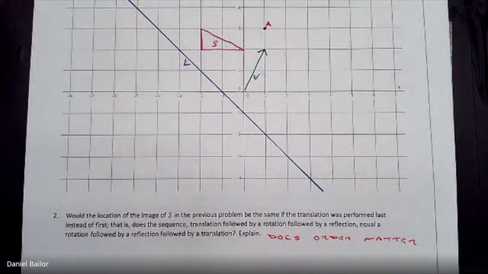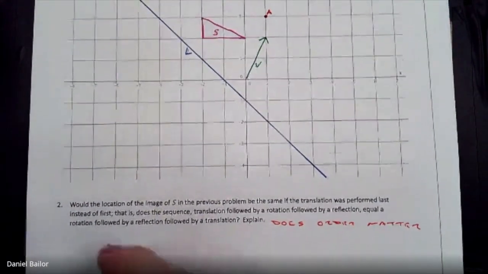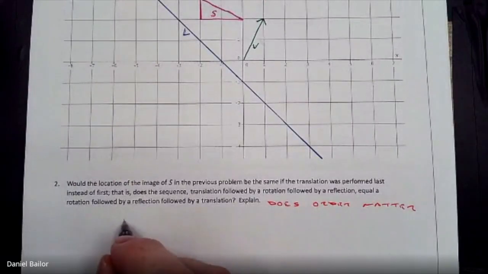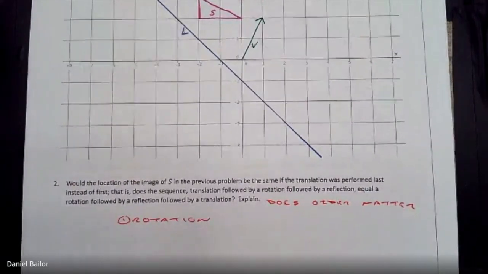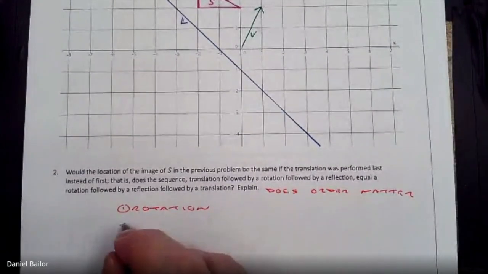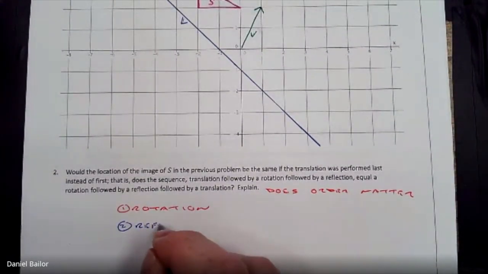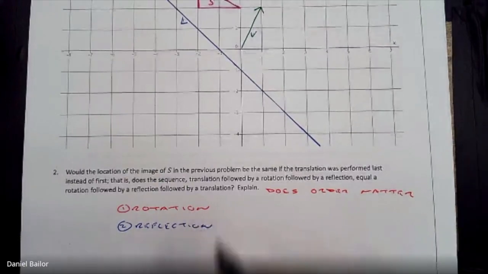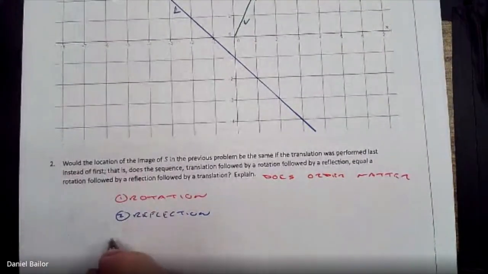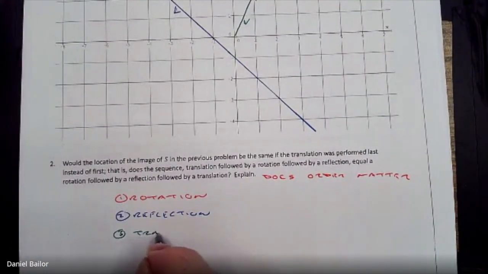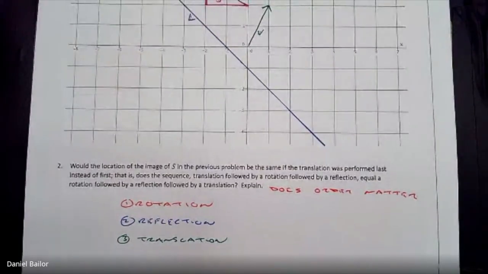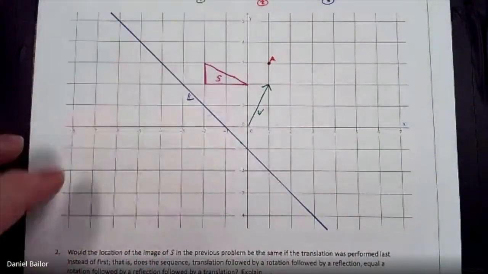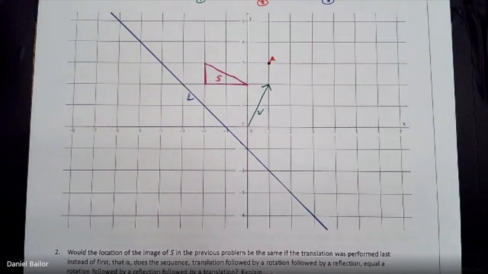And then for number 2, do the rotation first, then do the reflection second, and then last this time, do the translation. So you're going to do these transformations twice. You're just going to change the order.